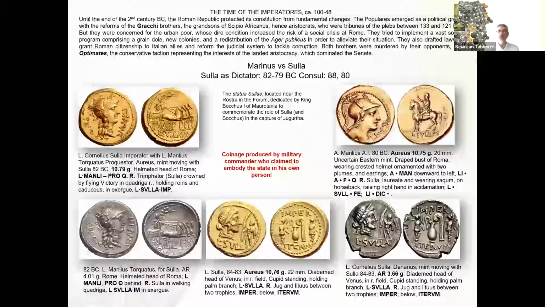And this way, the coinage production by military commanders starts at Rome. Simply, Sulla didn't need any moneyers, especially during his campaigns in the East. And he started to produce his own coins, which again must have made some senators frown, but they had nothing to do about that.